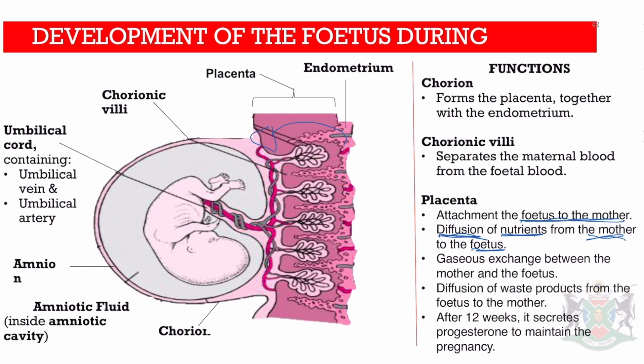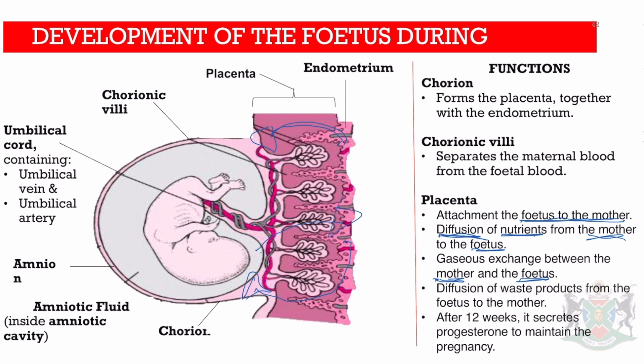When the mother eats and digests, the nutrients move from the maternal blood to the fetal blood by diffusion. It serves as a gaseous exchange between the mother and the fetus, meaning oxygen diffuses from the maternal blood to the fetal blood, and carbon dioxide diffuses from the fetal blood to the mother's blood.